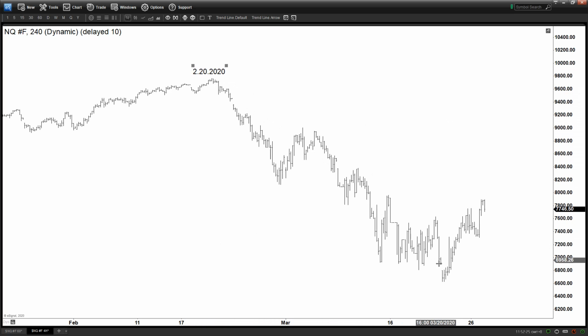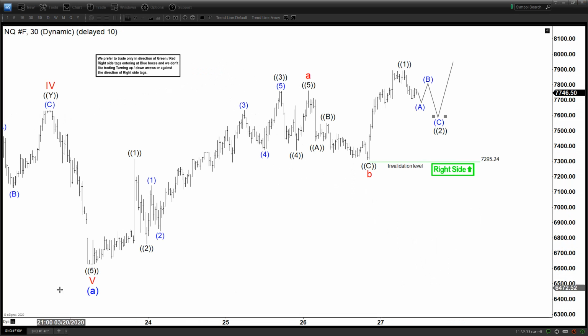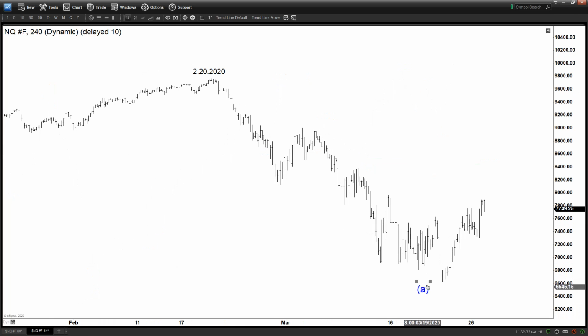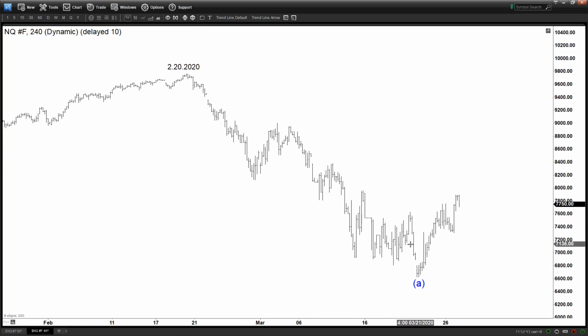Now we can see the sell-off here, and this is the A here that we saw over here, right? This is the A here, ending this move as a 5 waves, right? And now we are in the B to correct this entire 5 waves decline, right?